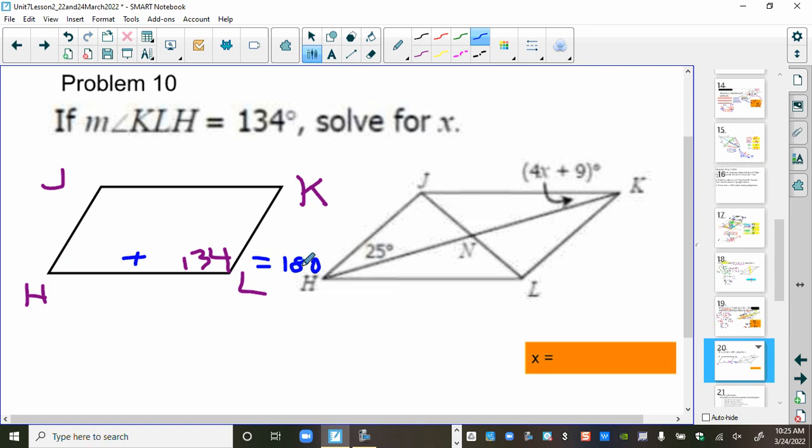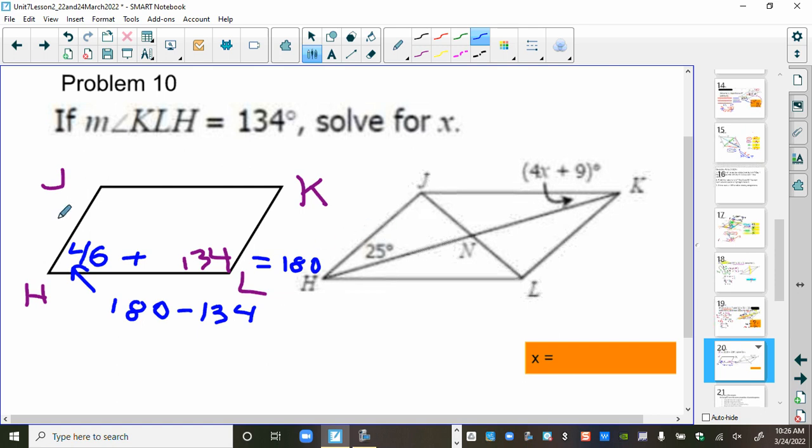Subtract. So what's 180 minus 134? 46. All right, this is key. So 180 minus 134 is 46. Now, here is where it's key.